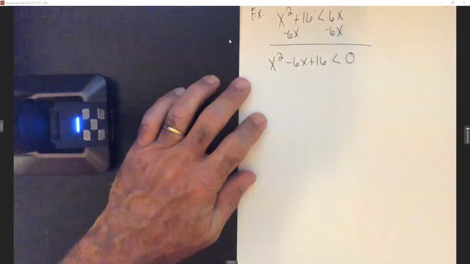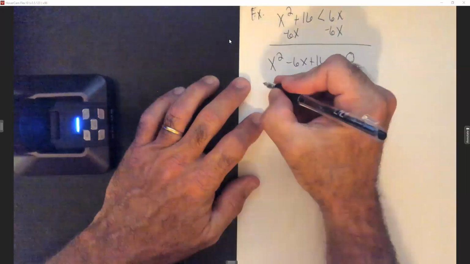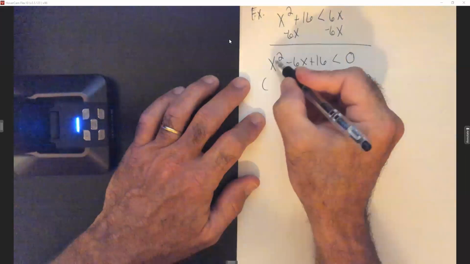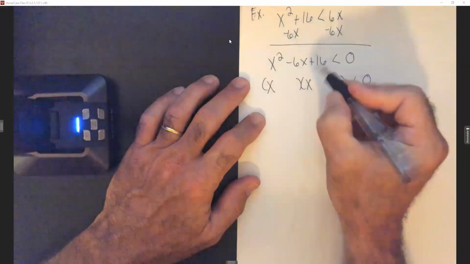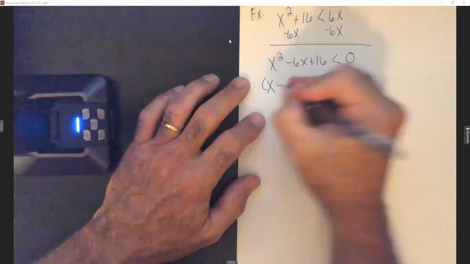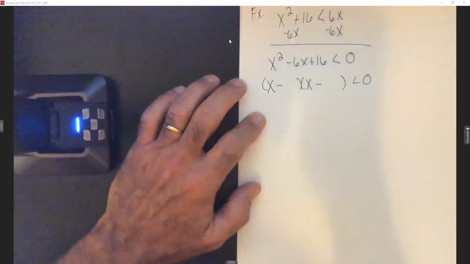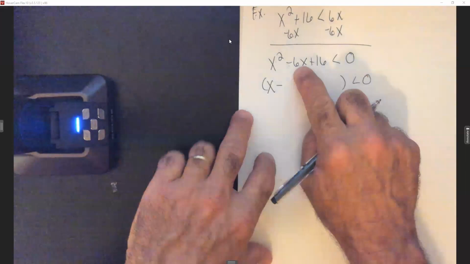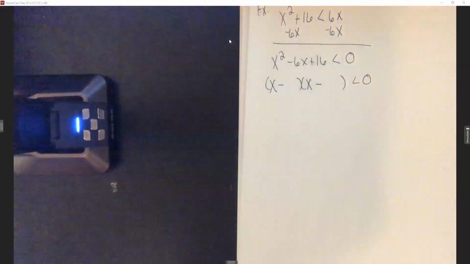All right, so now we want to factor. So I got an x squared, that's an x and an x. Last sign's positive, so they'll both have the same sign as the middle, so they're both negative. And then let's find me factors of 16 that add to 6. So let me think. 1 and 16 is 17. 2 and 8 add to get 10.